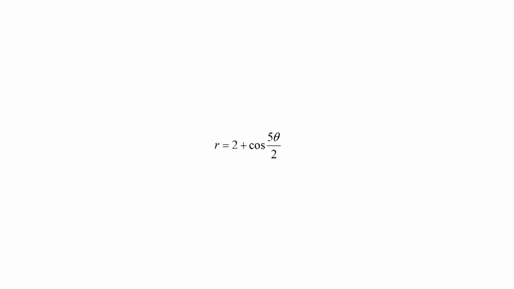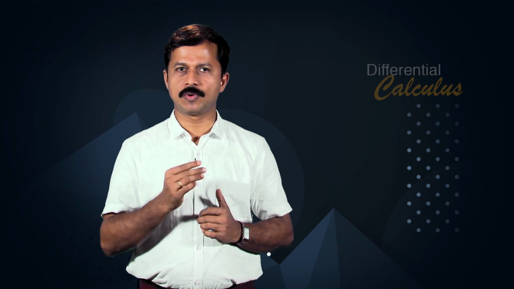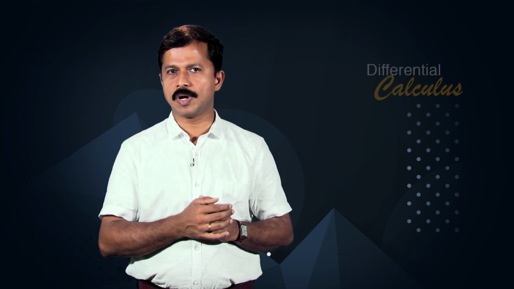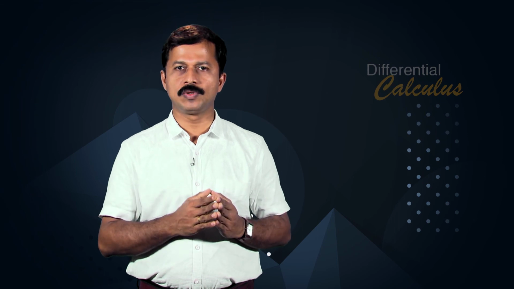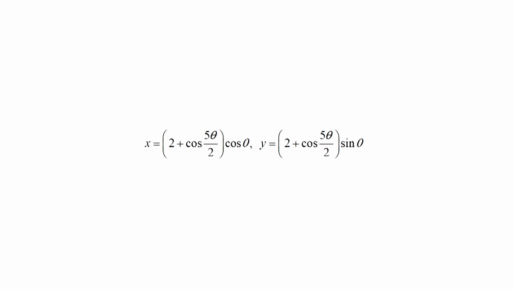its parametric equation. Substituting the given expression for r in x is equal to r cos theta and y is equal to r sin theta yields the parametric equations x is equal to 2 plus cos 5 theta by 2 times cos theta and y is equal to 2 plus cos 5 theta by 2 times sin theta.